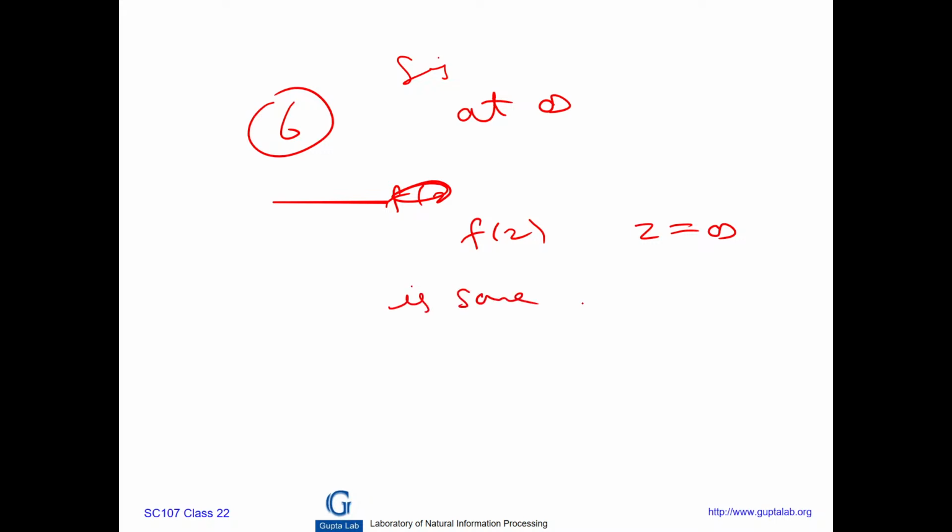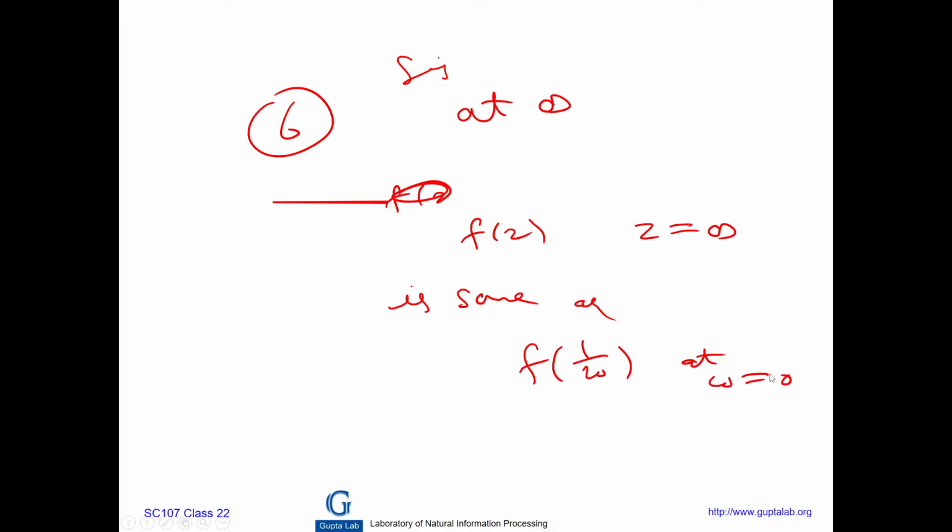Last, singularity at infinity, right? So basically, the type of singularity of f of z at z is equal to infinity is the same as if you look at f of 1 over w at w is equal to 0.